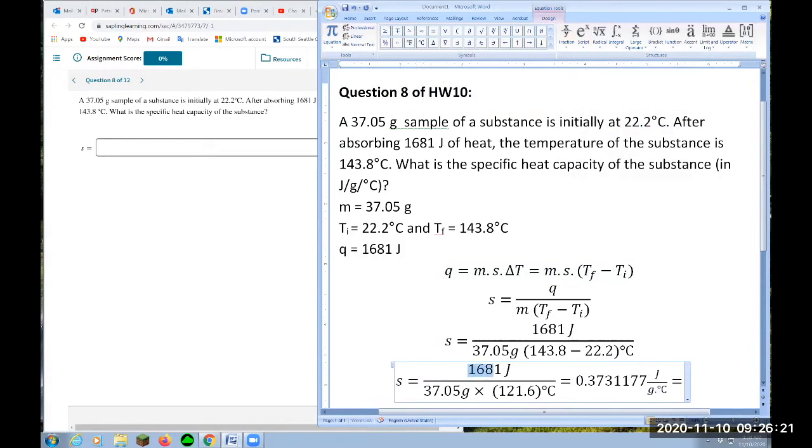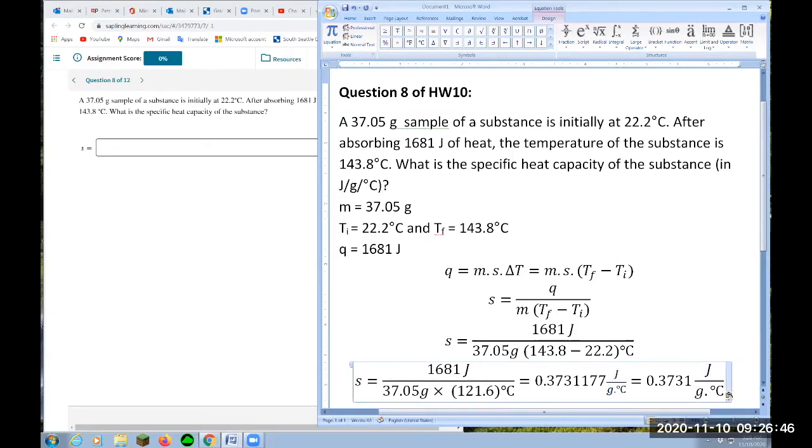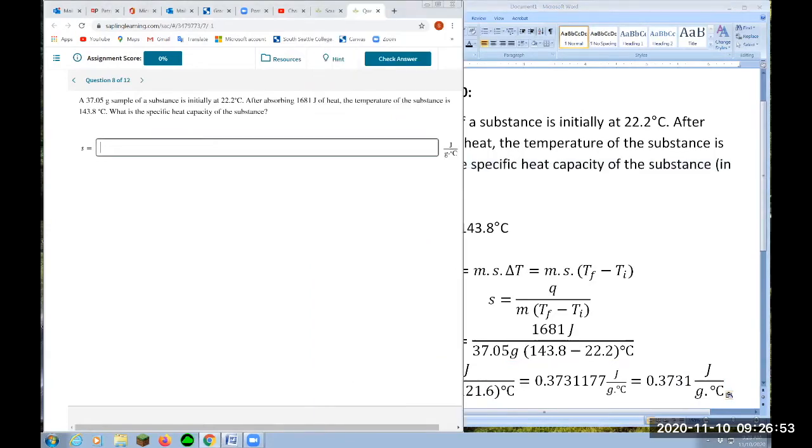We have 4 sig figs in the heat, 4 sig figs in the mass, 4 sig figs in the temperature. So we need to keep 4 sig figs. So we'll keep the 0.3, 7, 3, and 1. What comes after the 1 is a 1, so you keep the 1 a 1. And that's it. That's 4 sig figs. And then the unit, of course, stays the same. And it's joules per gram and per degree Celsius, which answers the question here. So let's enter that in Sapling.